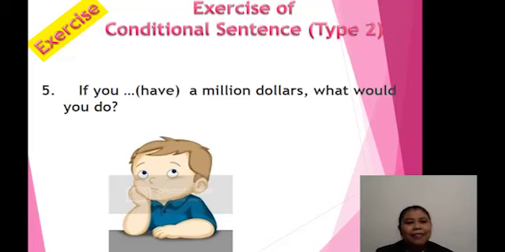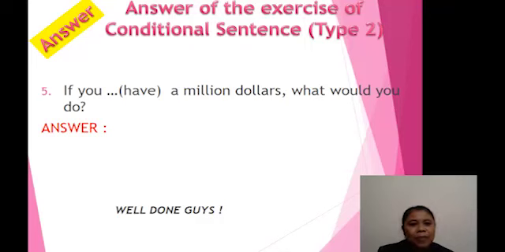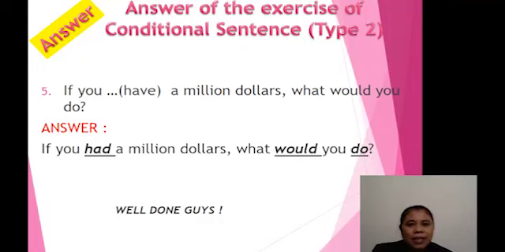Oh yeah, the second form of have. Okay, let's check the answer. If you have $1 million, what would you do? The answer is, if you had $1 million, what would you do? Okay, the second form of have is had.